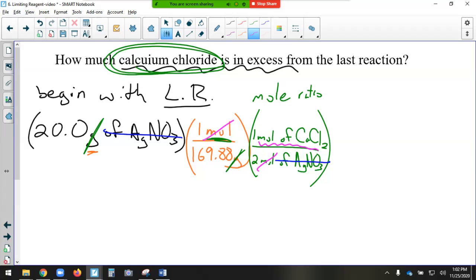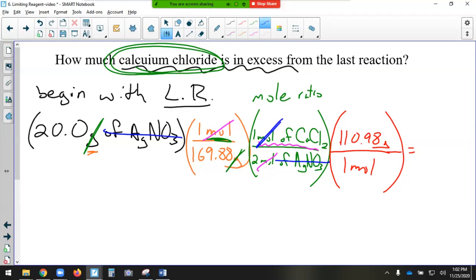I was given mass of calcium chloride. We started off with 15 grams of calcium chloride, so we should do a mass conversion in order to figure out how much mass is left. From the molar mass, we know the mass conversion is 110.98 grams for every 1 mole. Then we just finish off with stoichiometry.